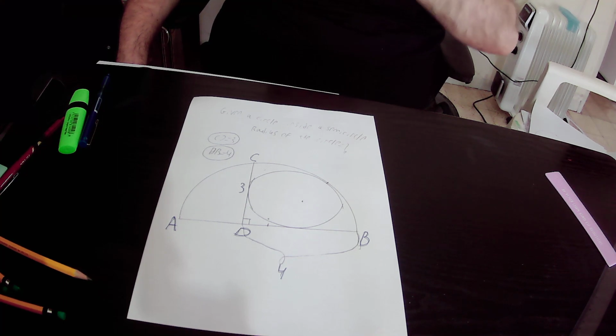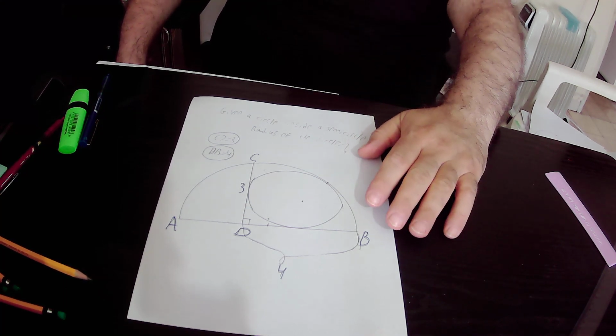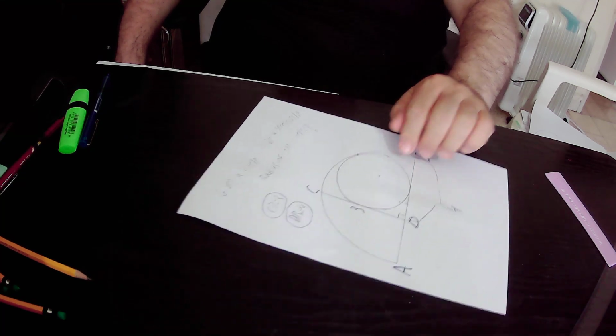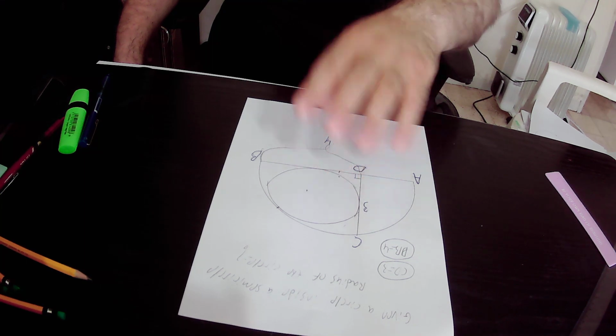Okay, so first of all we'll do a construction. We'll complete this semicircle to a circle.